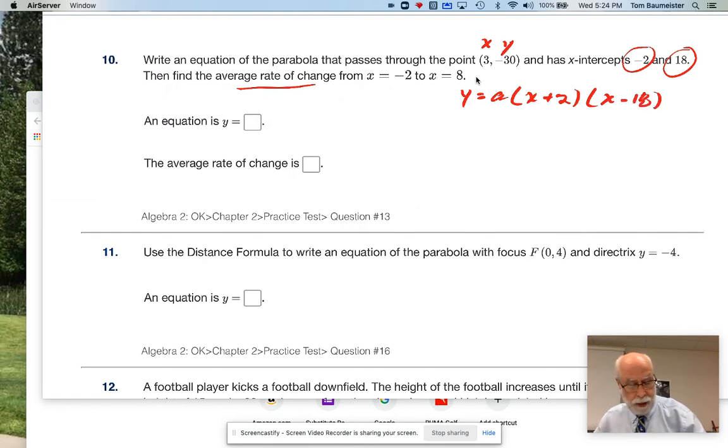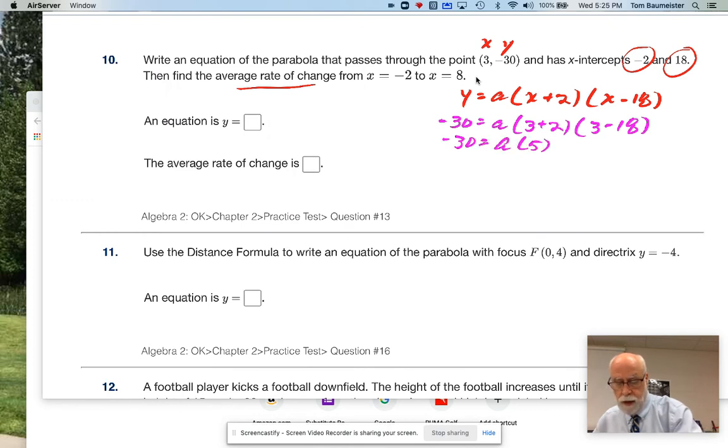So now we're going to plug in that point, 3 and -30, so -30 is equal to a times 3 plus 2, and 3 minus 18, and that'll give us -30 is equal to a times 5 times -15.